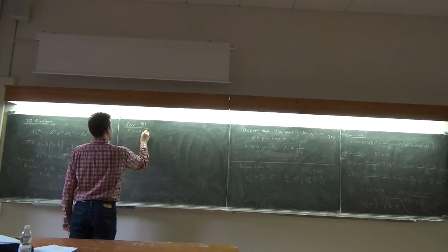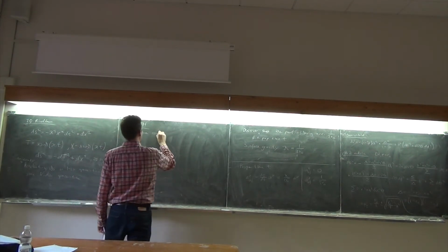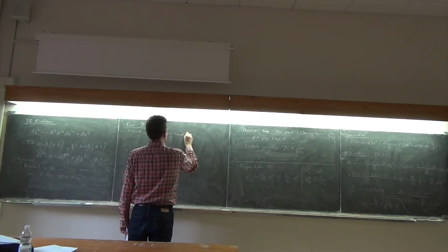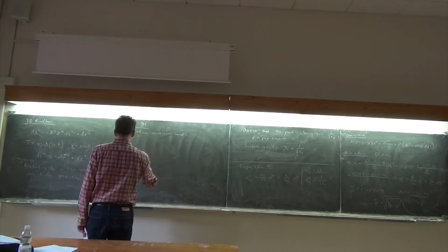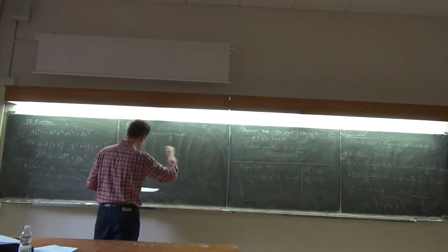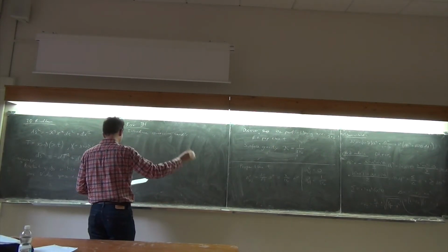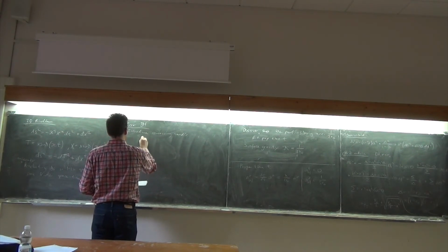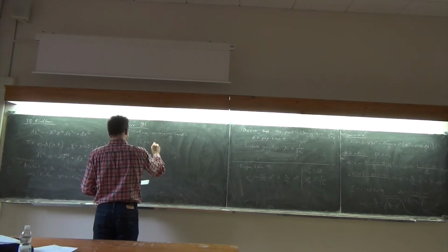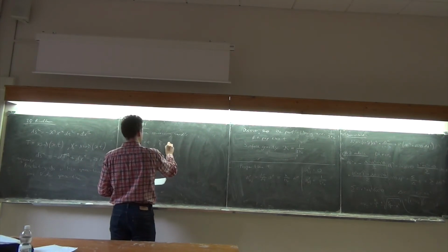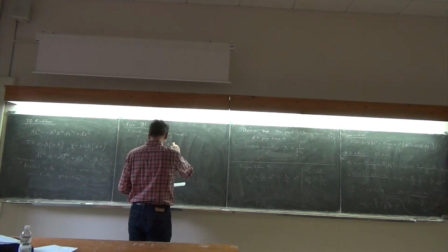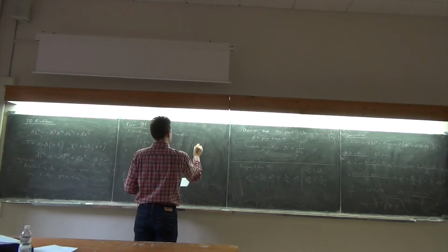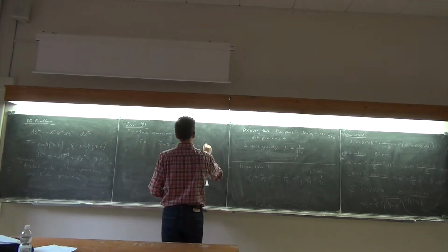You introduce something called co-moving coordinates, which means you sort of move together with the horizon, as we will see in a moment. So you define a new time and a new angle, rotation angle, like this.